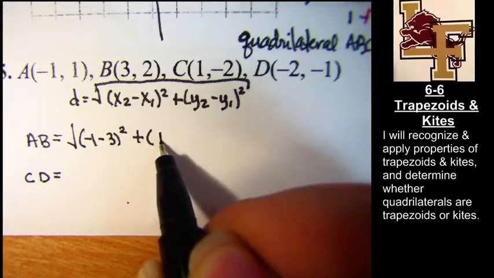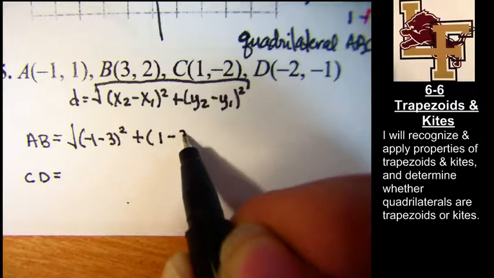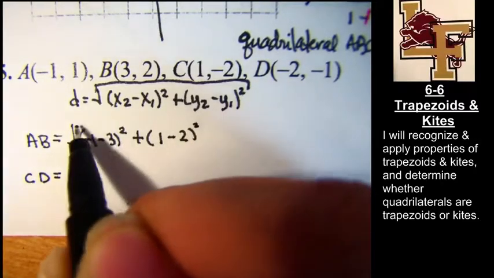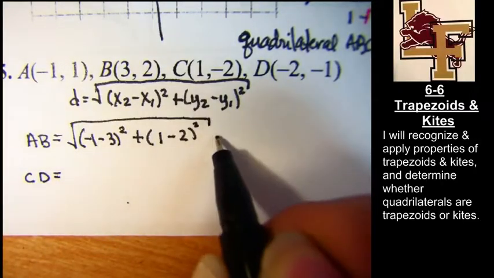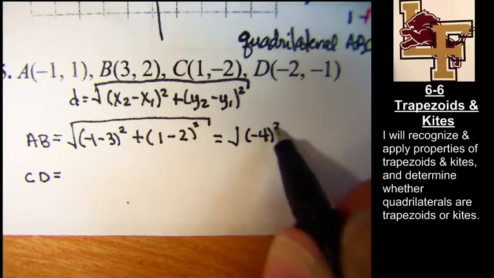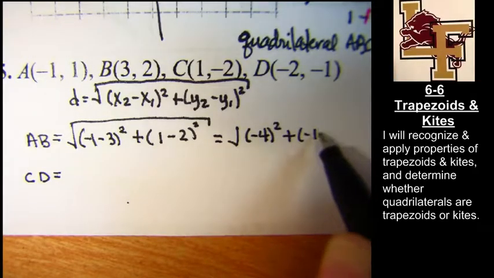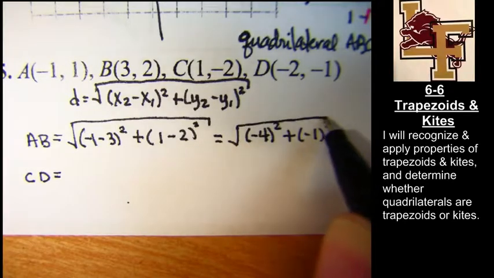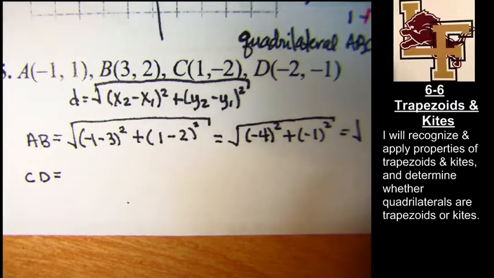Y coordinate of A, Y coordinate of B. Now I'm just going to do some subtraction inside the parentheses. I'm going to square the things. And then I'm going to add it.